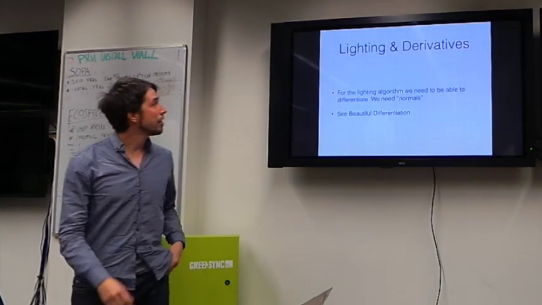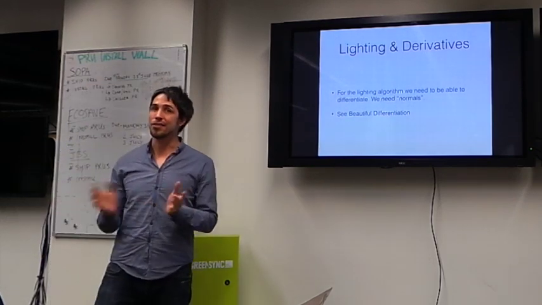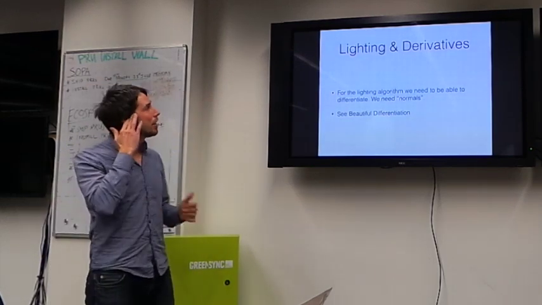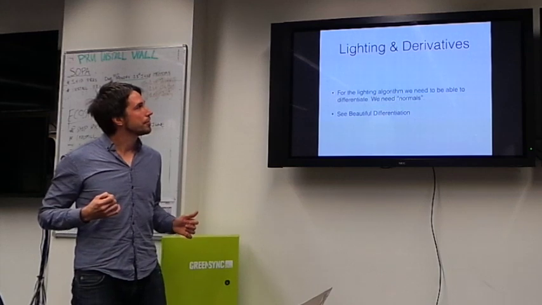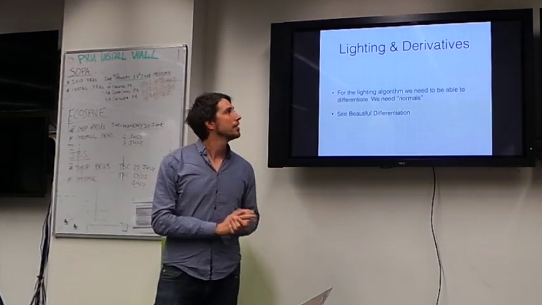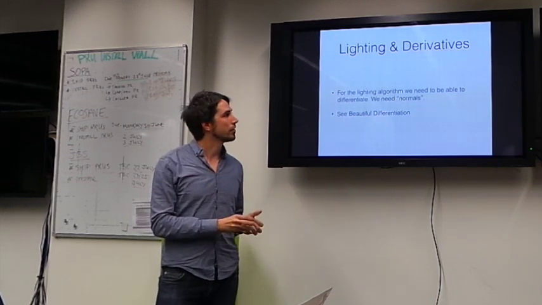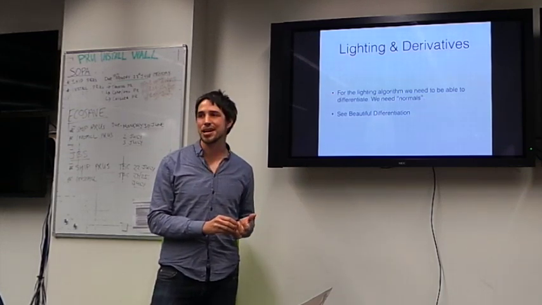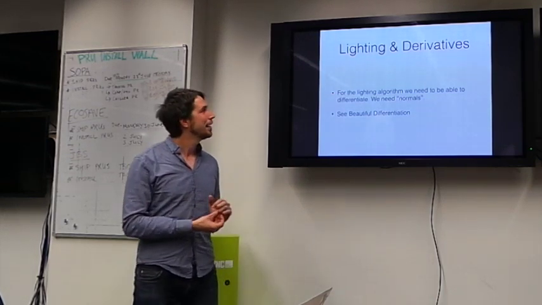That's kind of pointless. So I thought, as an aside, if you're interested, I'd also talk about derivatives. In order to find the normals at each point on a surface, you need to be able to do differentiation. Okay?